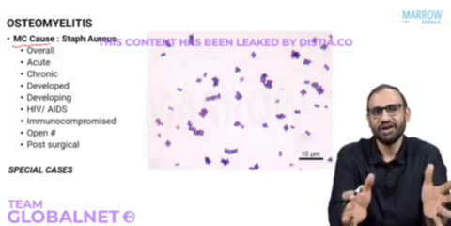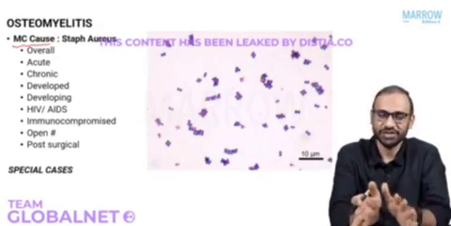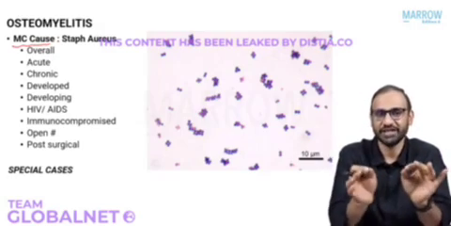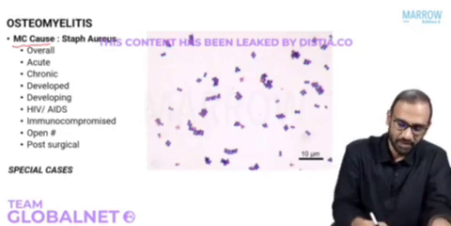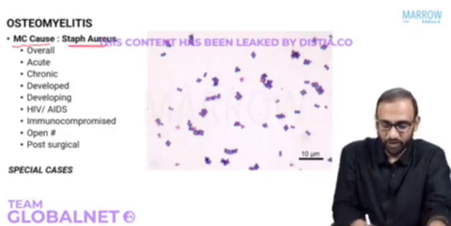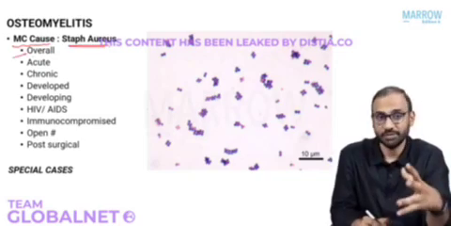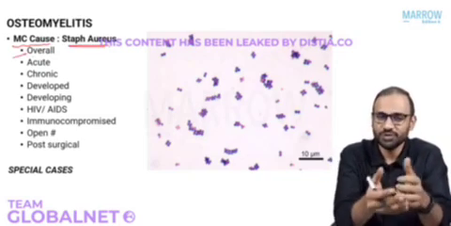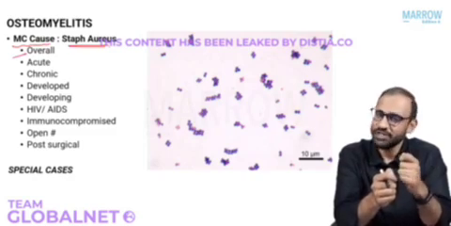But this is a blanket statement saying that Staphylococcus aureus is the most common organism infecting the musculoskeletal system. All right? So, overall, the most common cause is Staphylococcus aureus. Now, sometimes the examiners will try to confuse you by triggering you with an unnecessary point in the question.